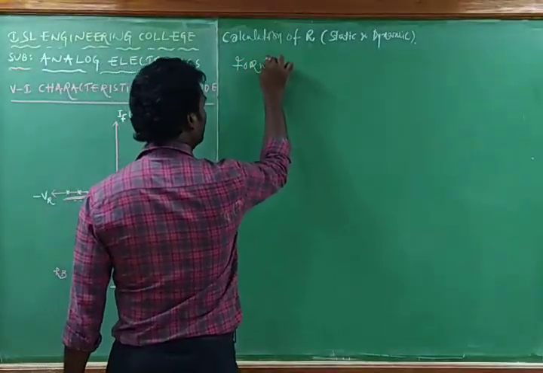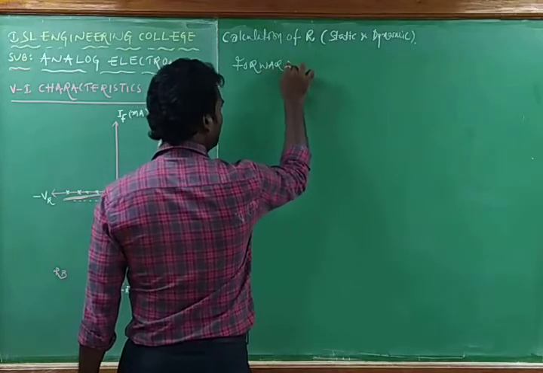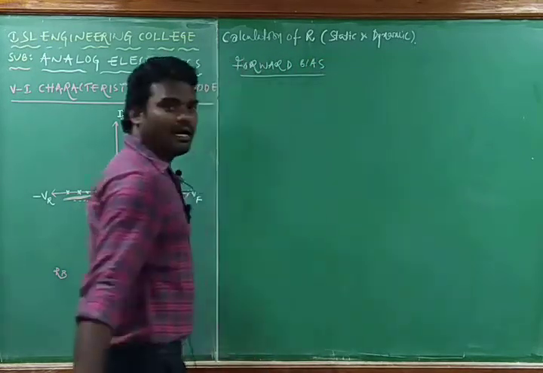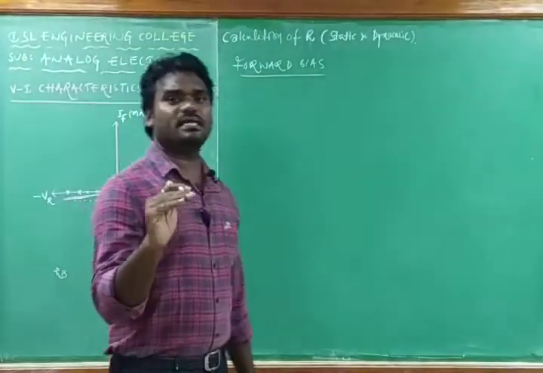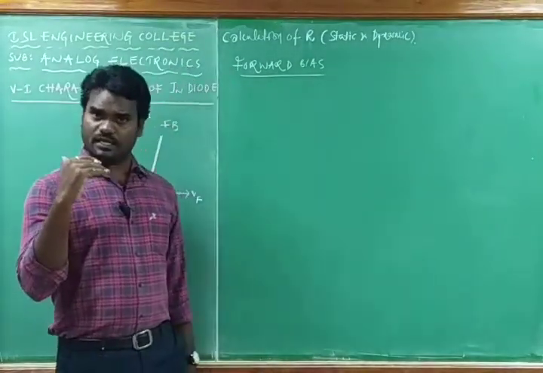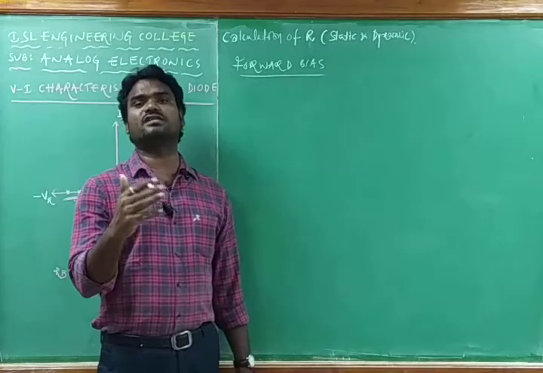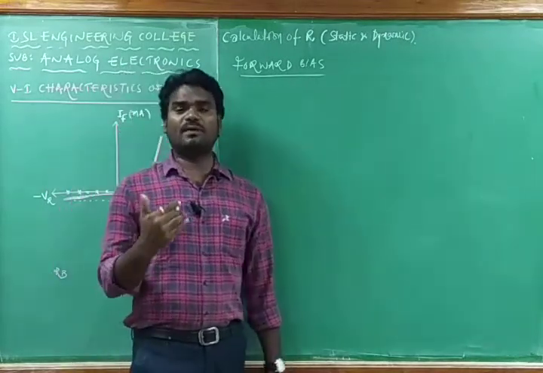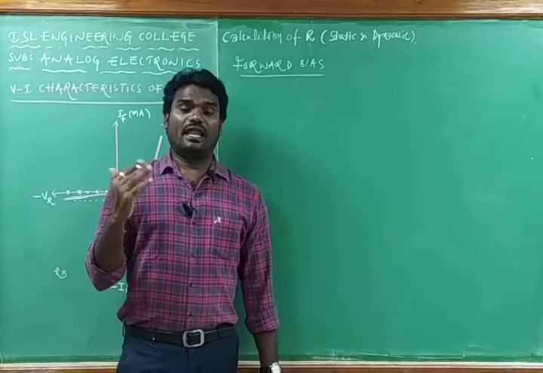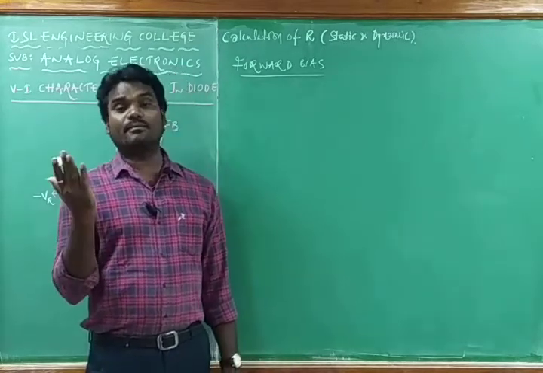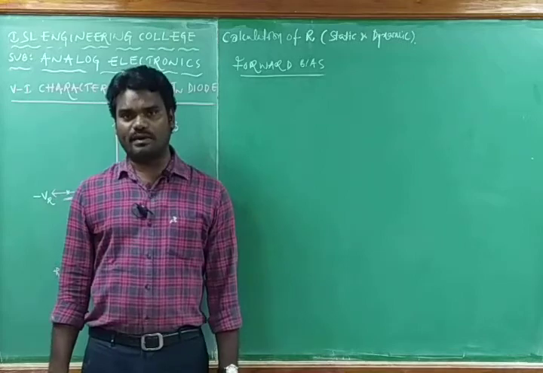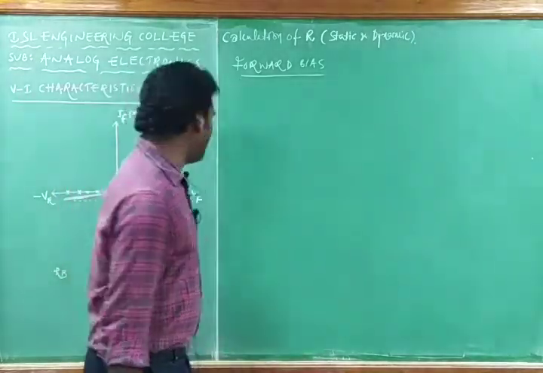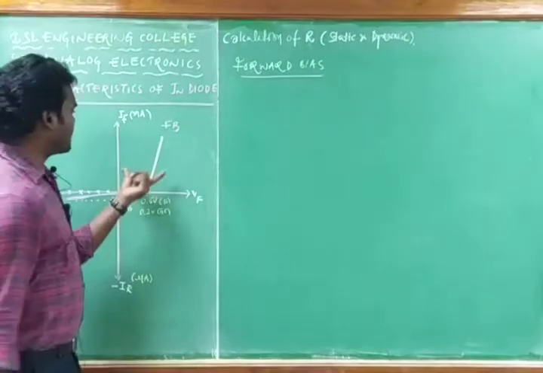What is forward bias? We know the definition of forward bias. Forward bias is when the anode of the PN junction diode is connected to the positive terminal of the battery and the cathode of the PN junction diode is connected to the negative terminal of the battery. By connecting the PN junction diode in forward biasing, we get characteristics like this.